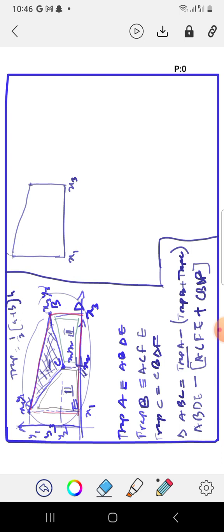This is x1, y1, this point, and this is x3, y3, that point. This one is resting on the x-axis, so this is the x-axis.